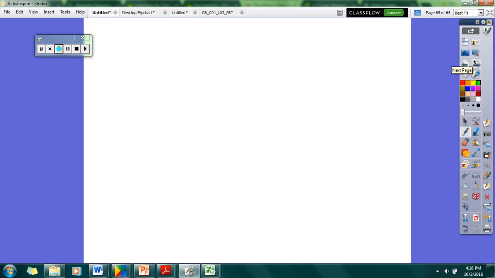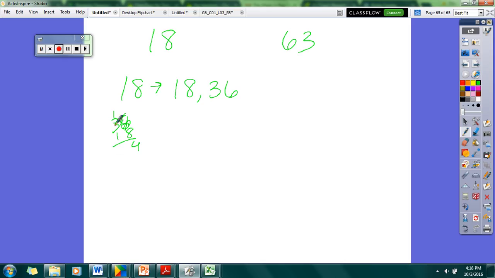So let's look at 18 and 63. Well, if I was going with 18 and 63, this one's a little bit harder. I have 18, 36, 54, okay, plus another 18, is going to be 72, so on and so forth.